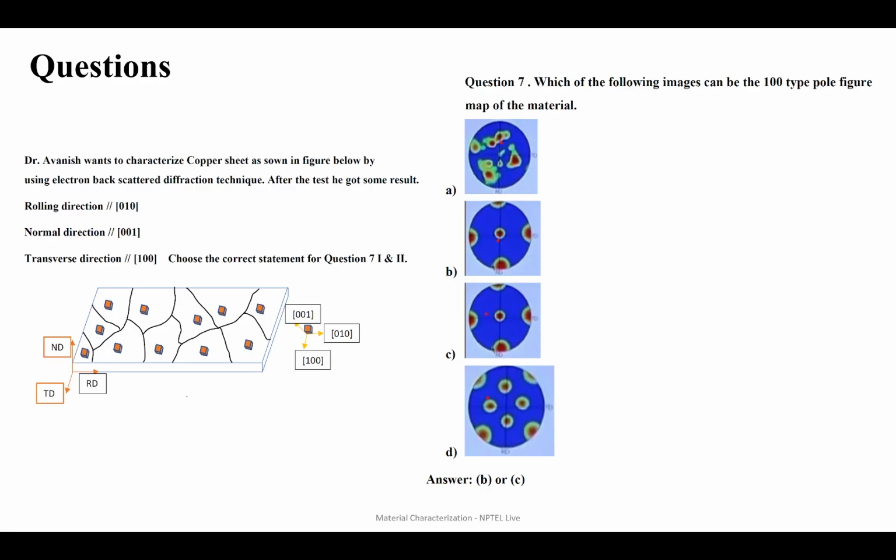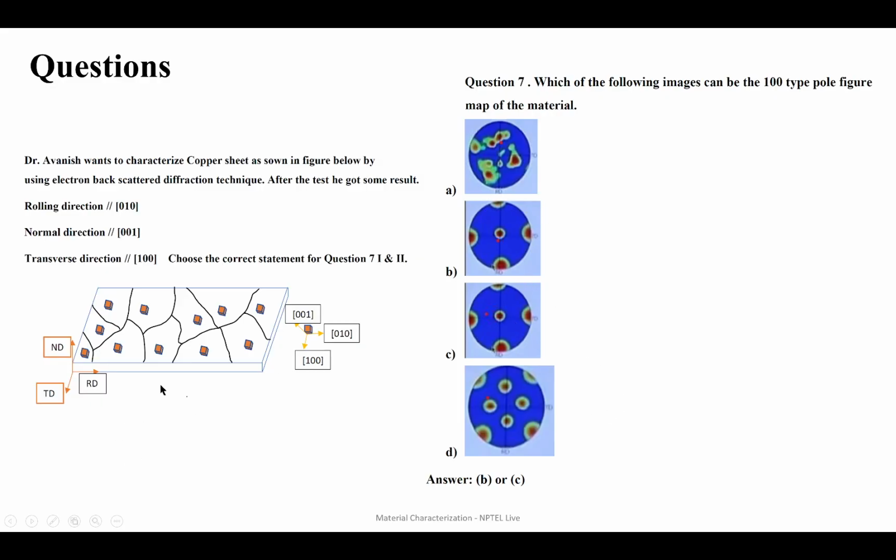The correct answer to this would be B or C. For 100, the points come in a square pattern, so it would be B or C. Here also they are square, but there you can see two different directional squares, so this won't be 100.